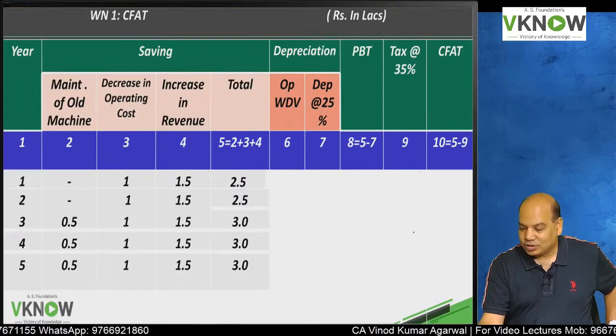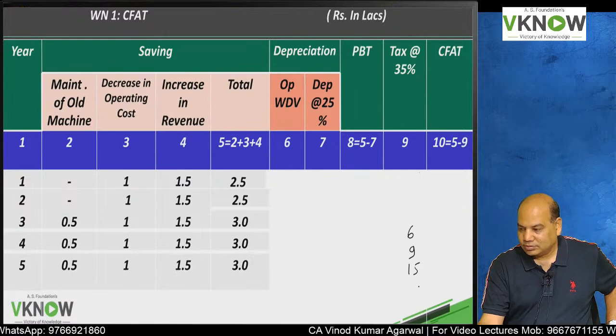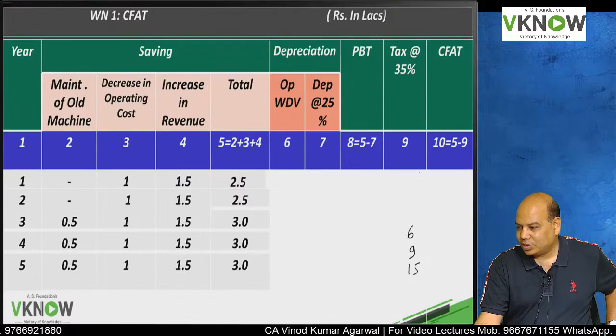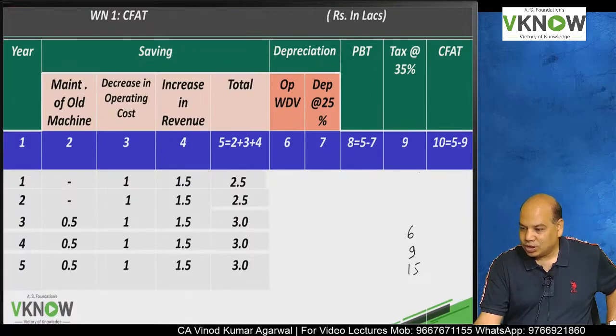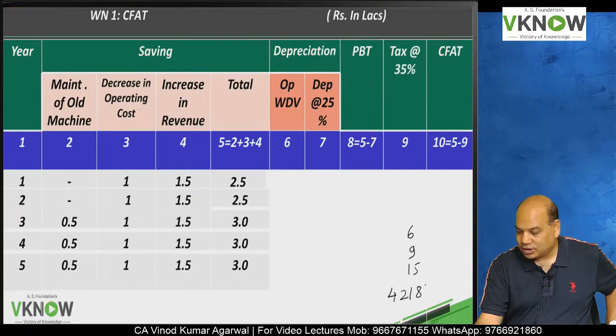Okay, I'll give you options: 6, 9, 15. What is my opening WDV? There are 3 choices only. One student has brought his own number, 421,875. I never gave that option.